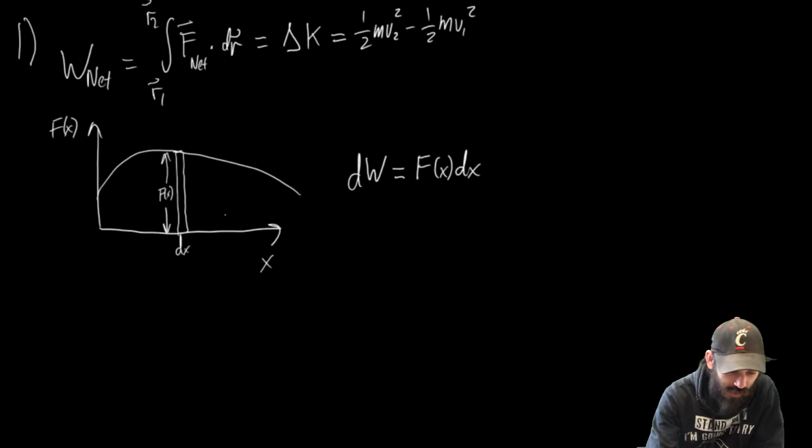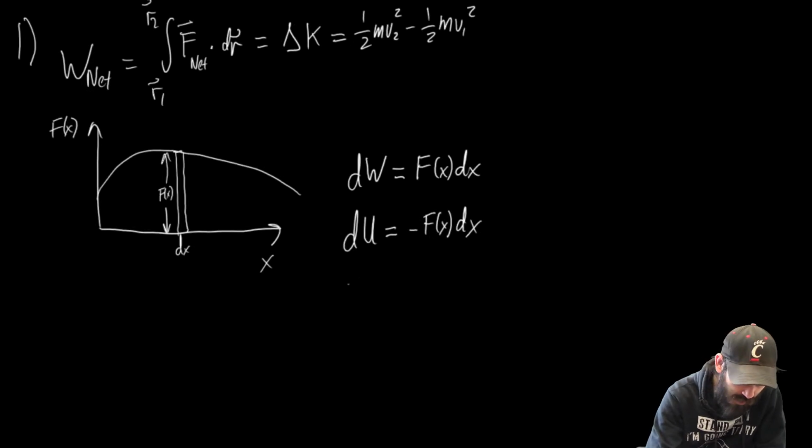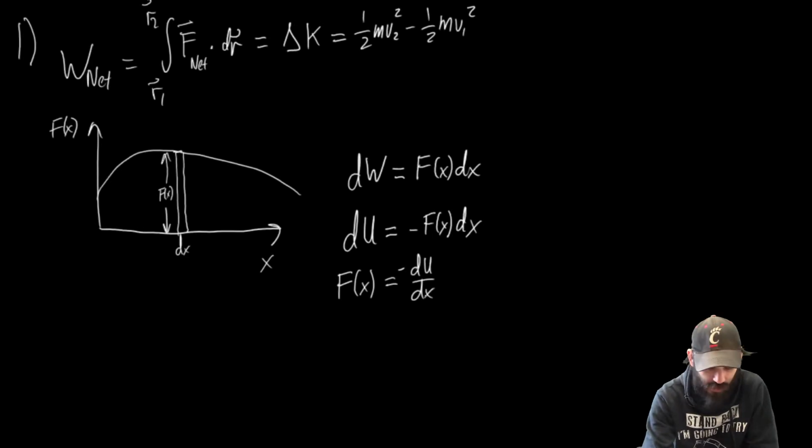We could also say, in the case of some potential energy, that dU is equal to minus f of x dx, and we can rearrange this. So the force as a function of x is going to be the negative derivative of the potential energy.